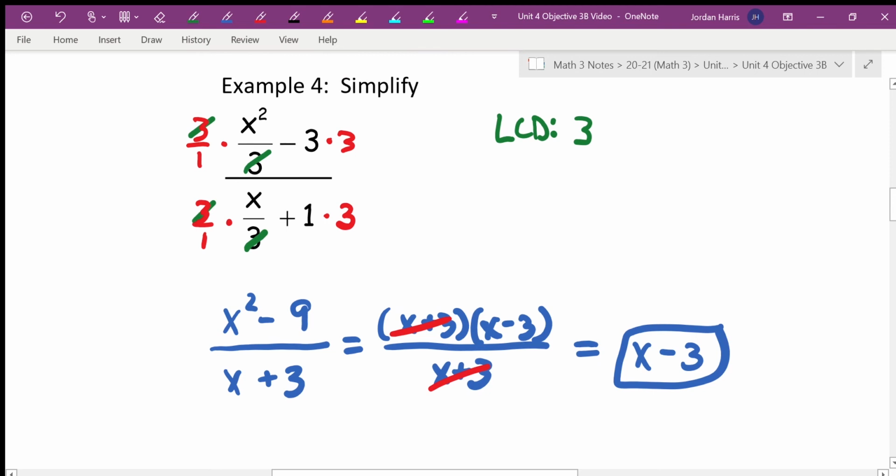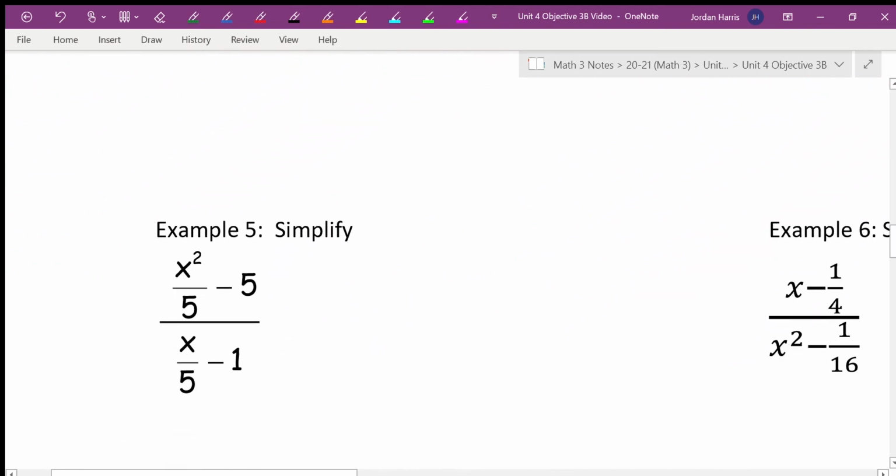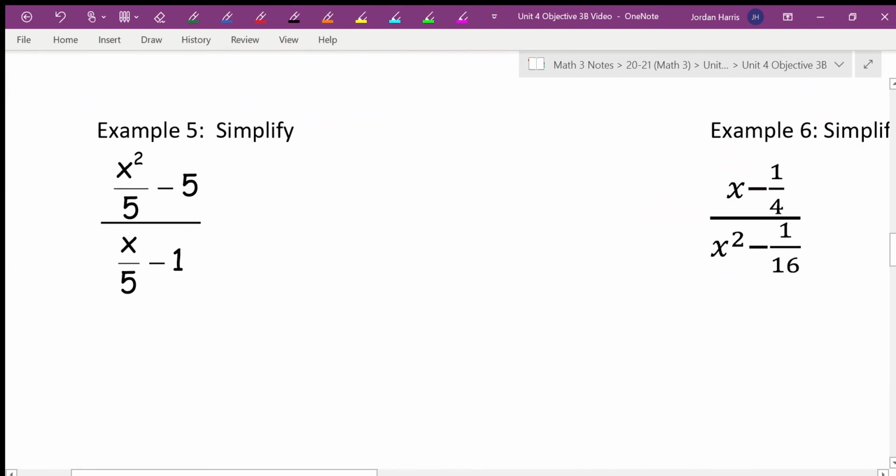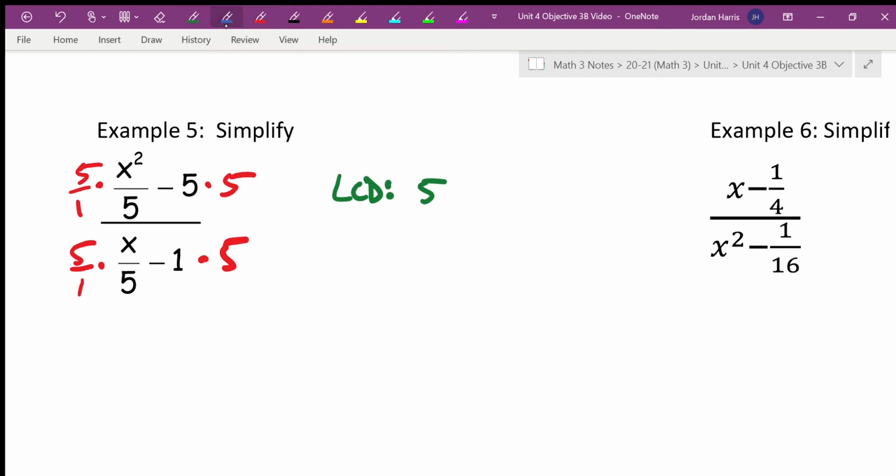Okay. Example 5. More of the same. Notice this one's a little easy to get my LCD because the only denominator I have is 5. So I'm going to multiply the fractions by 5 over 1, the numbers by just 5. Let's simplify this.